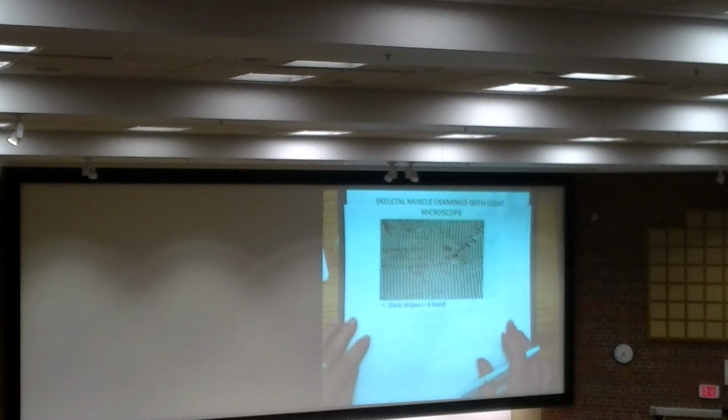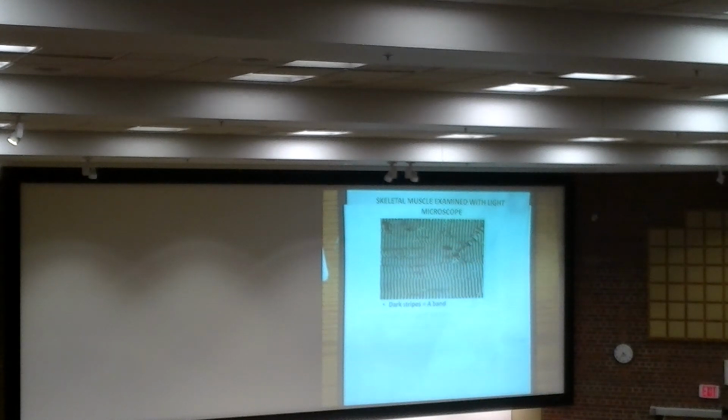Okay, here you are, an explorer in this new land of seeing something in a muscle. Imagine that nobody else has ever seen it. You have the liberty to give names to structures, to describe the structures that you want to distinguish as being unique to the skeletal muscle. What are they going to be? Well, we can be real original and say, whoa, I see dark stripes. And I'm going to call those dark stripes A-bands.